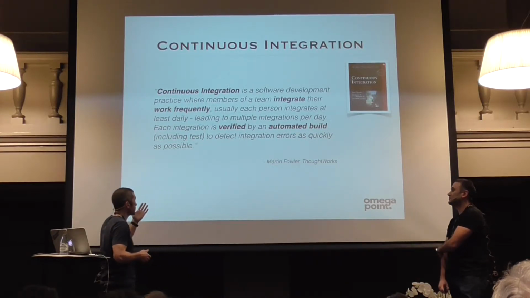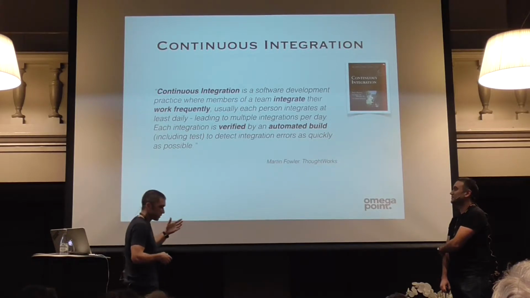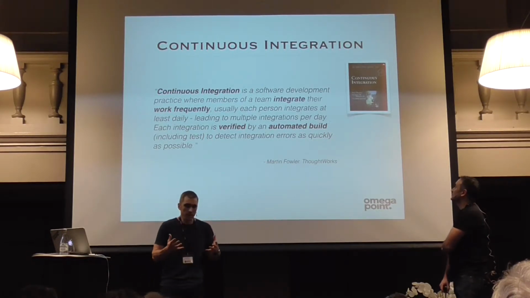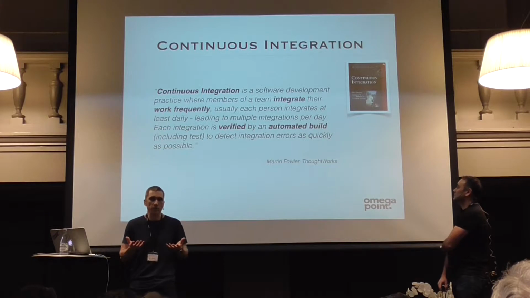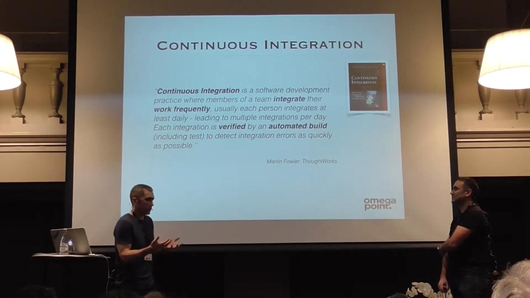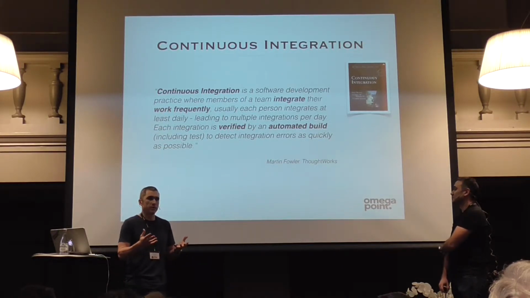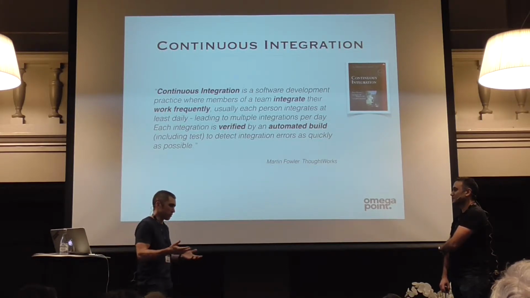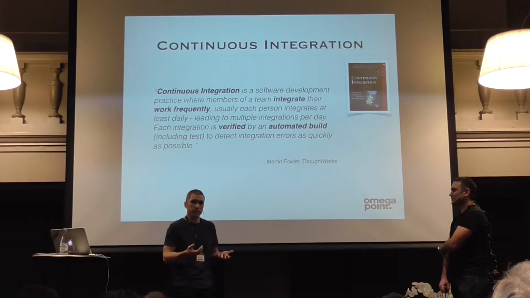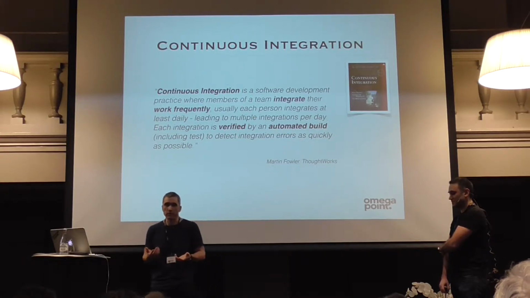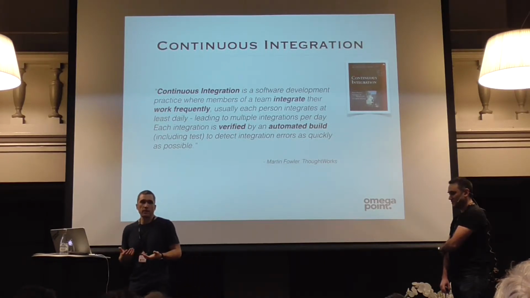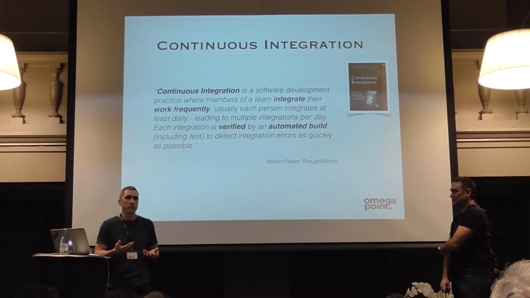Fowler stated that continuous integration is when a team that produces software or writes code continuously integrates their changes with each other. And they integrate by using some sort of automated build and test phase. The whole purpose of doing continuous integration is that you want to detect possible integration errors as early as possible.